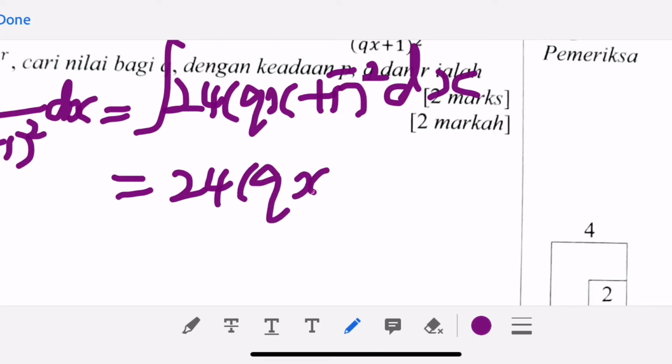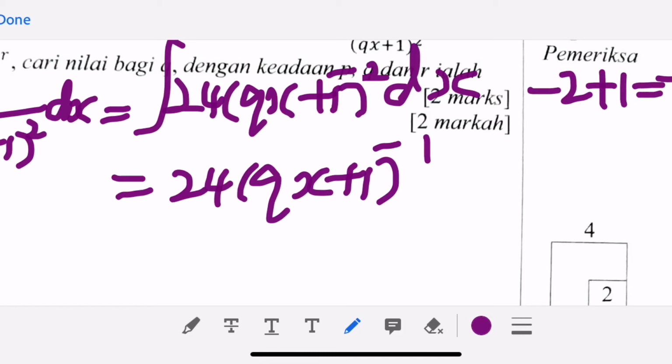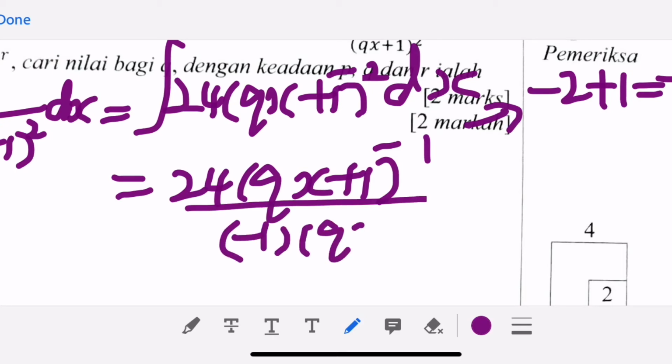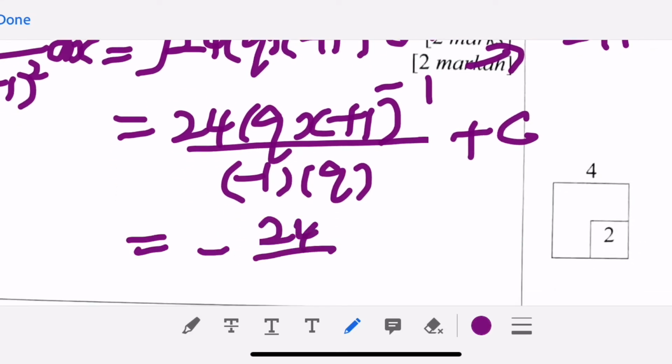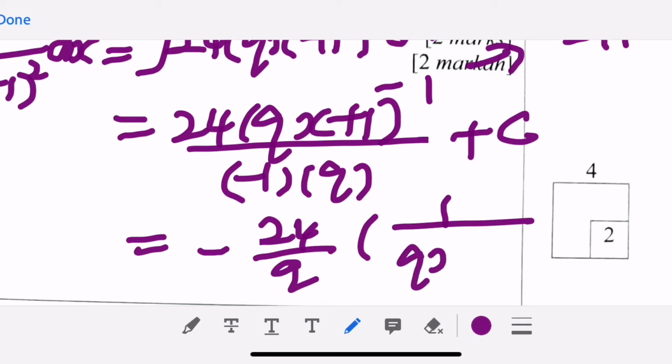It becomes 24(qx + 1) to the power of negative 2 plus 1, which is negative 1, and then over negative 2 plus 1, and you have to divide by q. Don't forget, this is the part that people always forget. So you are getting negative 24 over q, and then you can write in terms of the fraction, (qx + 1) to the power of 1 as the denominator.